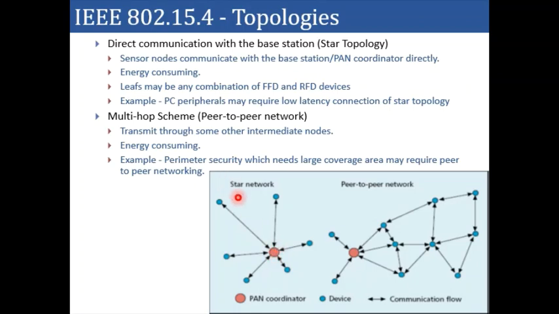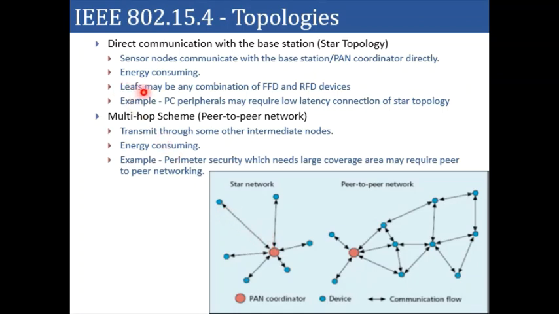Here the topology is energy consuming because irrespective of the distance the data is traveling, the information has to be directly reported to the PAN coordinator. So if the distance is more, the energy consumption will also be more.